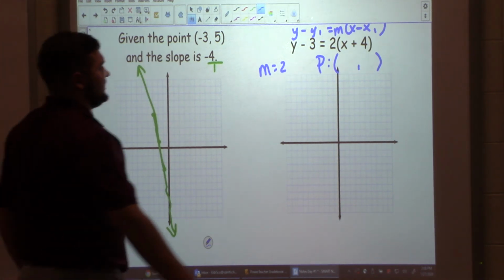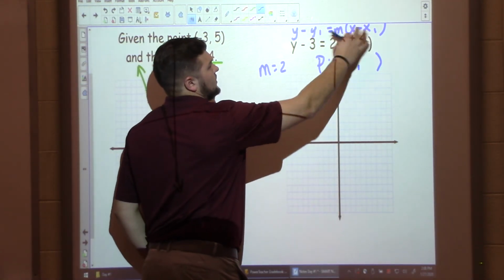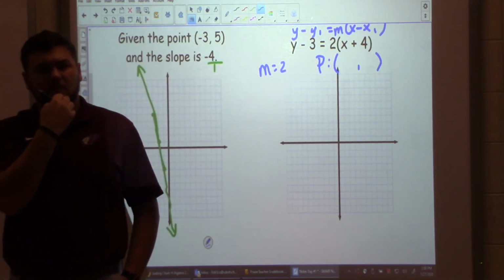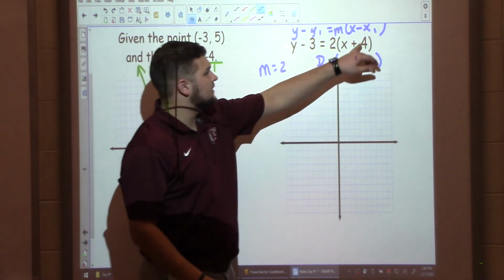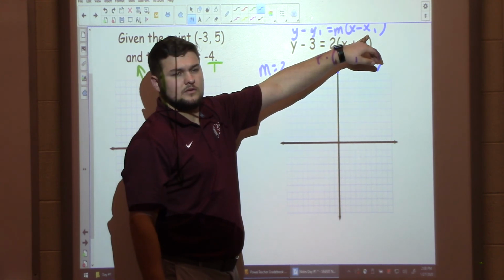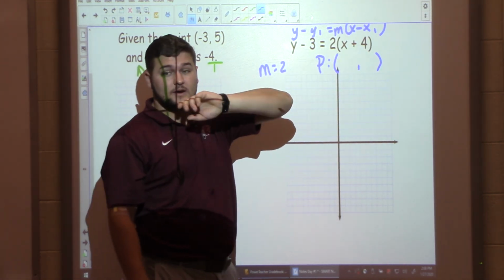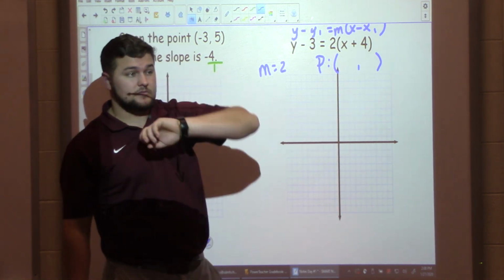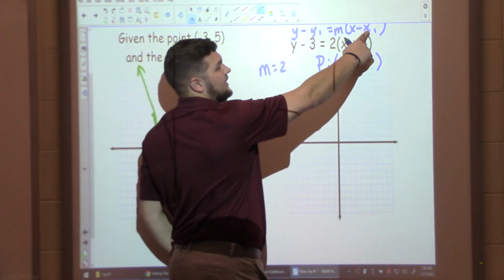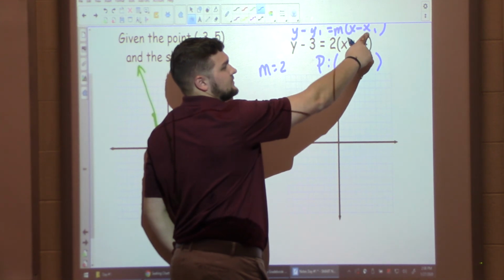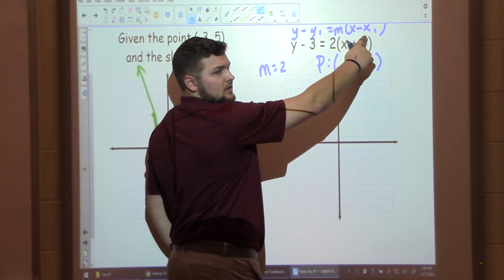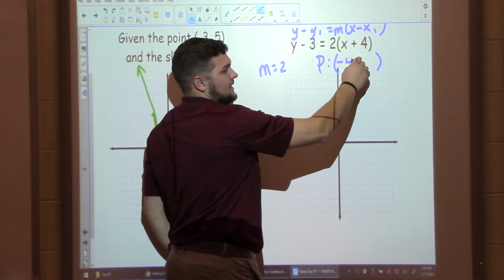Well, I'm trying to take out x1 and y1. What's my x1 value going to be? Anybody? Anyone know? 4? If it's positive 4, try and plug that in. I get x minus 4. Is that what I want? No, I want x plus 4.